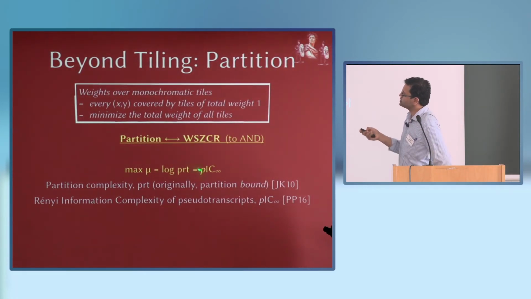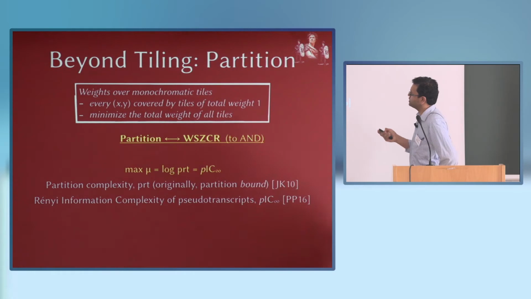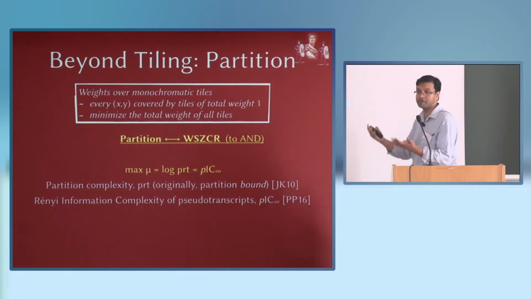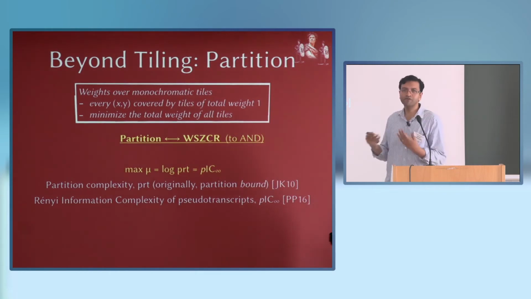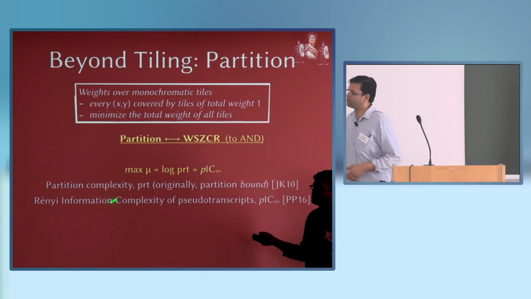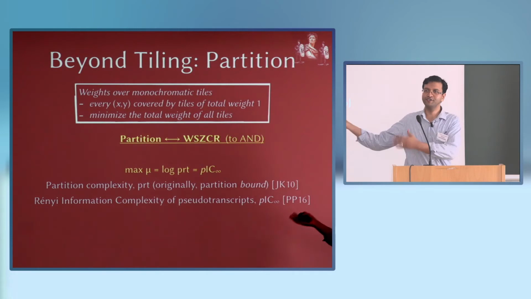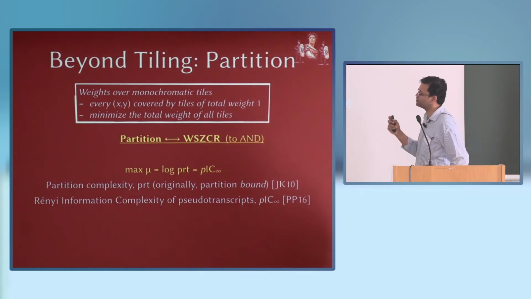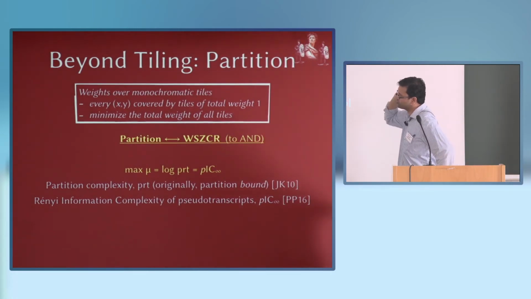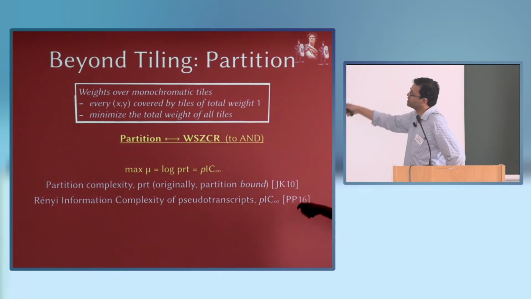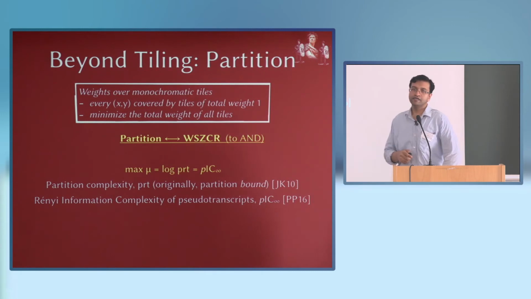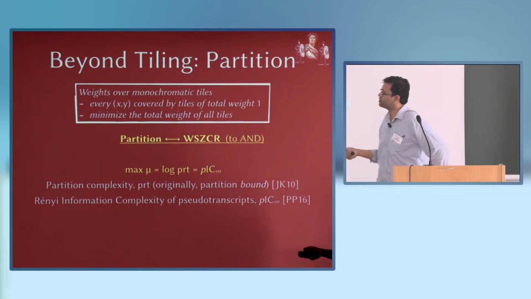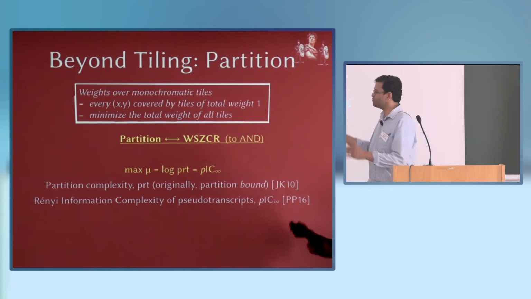This was defined by Jain and Klauck in the context of communication complexity lower bounds. They called it partition bound because it's a lower bound. I'm going to call it partition complexity because I think it has a meaning of its own. In a previous work, we showed that this is the same as something we defined, called Rényi information complexity of pseudo transcripts.